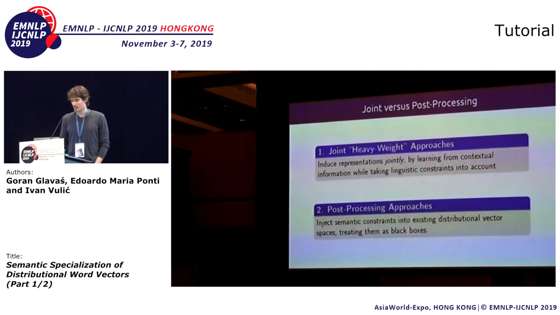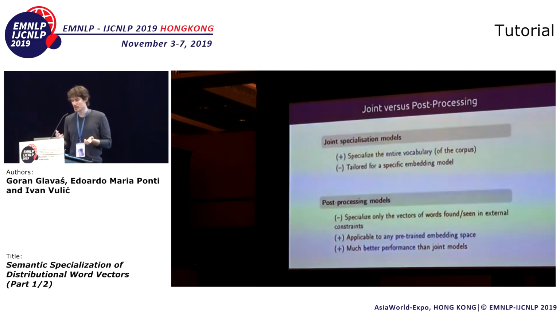joint specialization models is basically to combine your distributional training with another objective that injects external lexical knowledge immediately into the training. So you actually have this joint training of both objectives, distributional and the resource-based one.